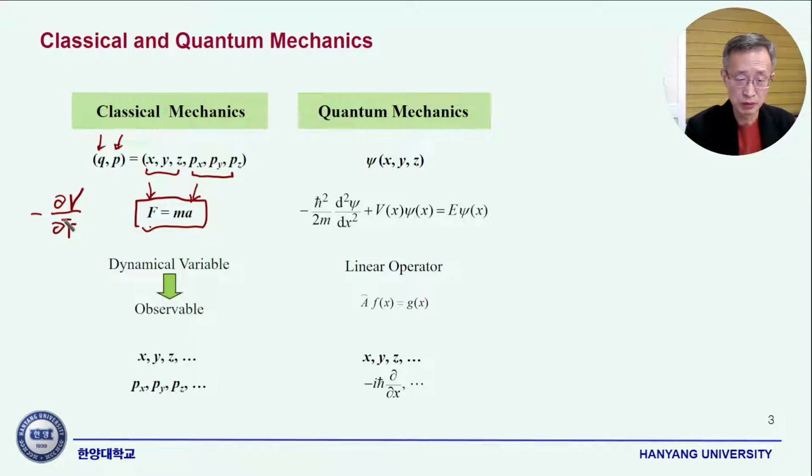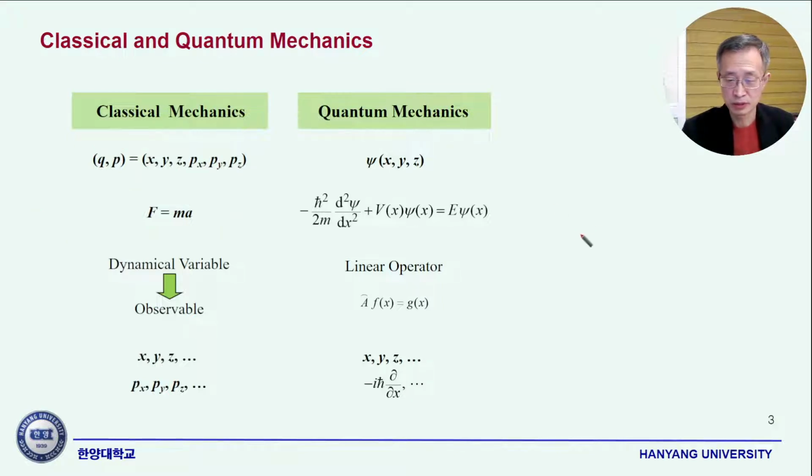and I'll just write it like that, which is then multiplied by the double derivative of r. Let me just do it over here. The negative gradient of the potential equals force.